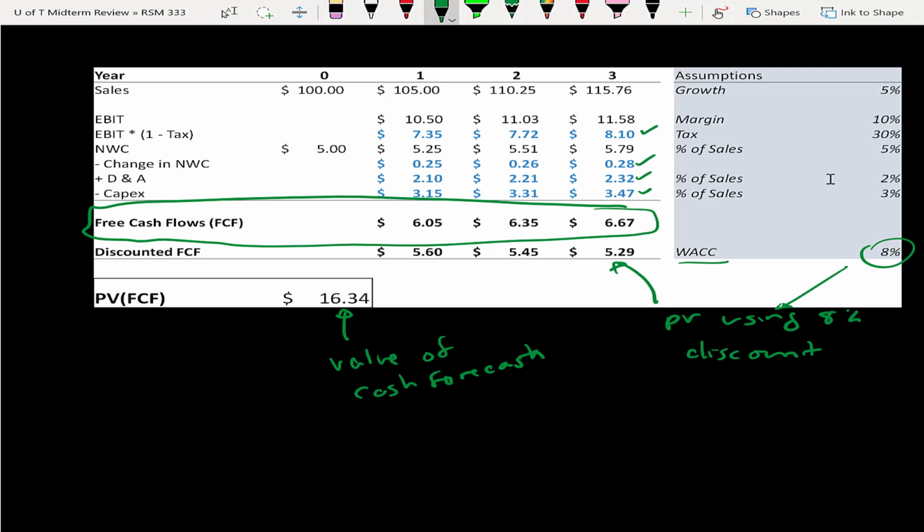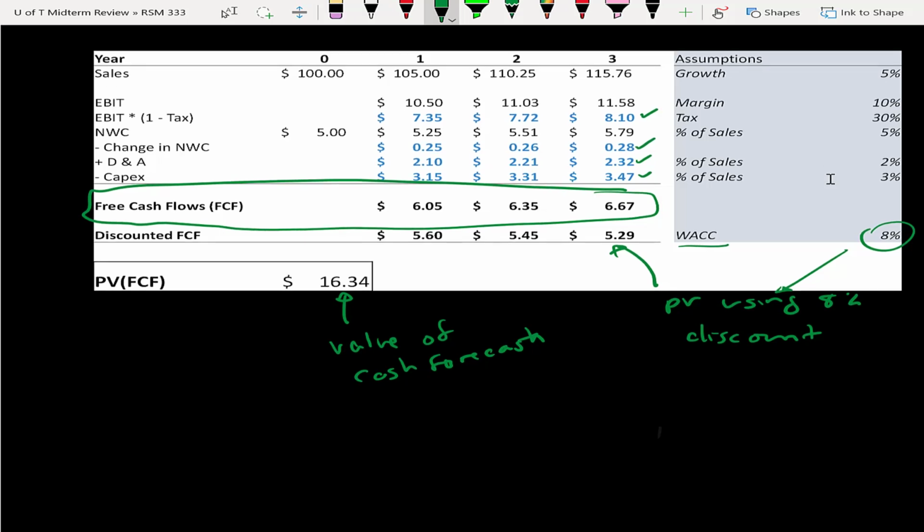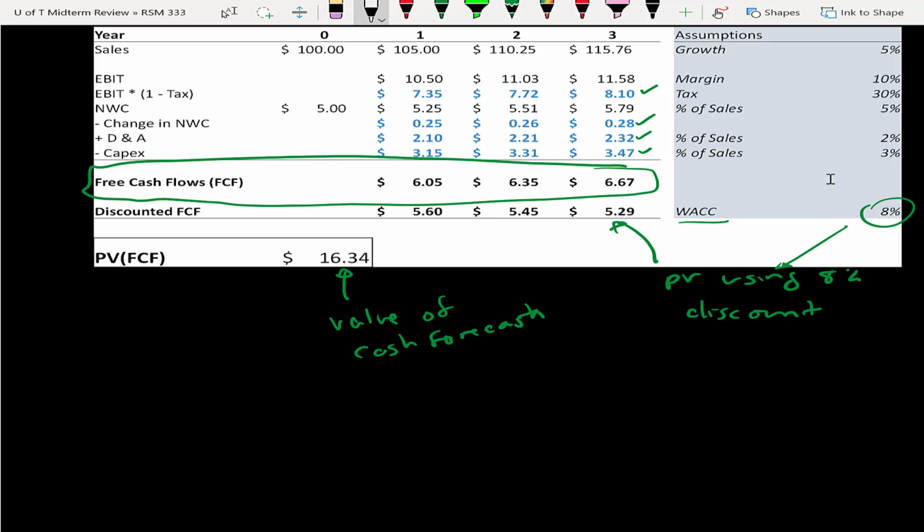Now, what happens after year 3? The company is still going to have a terminal value because it's still going to be continuing on after the fact. And what they said is, in order to calculate the terminal value, and this is given in the question, so it's not written here, but I'll tell you how they basically said it. They said take year 3 free cash flow and it will grow by 2% per year forever.